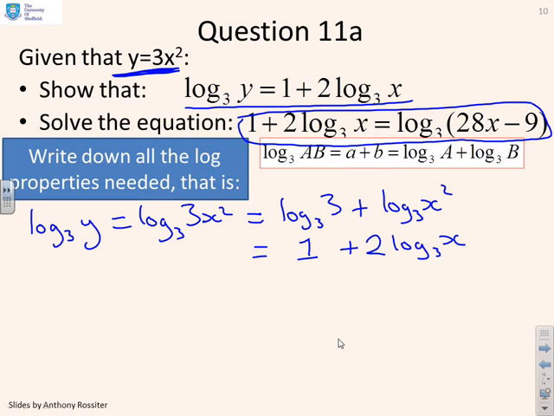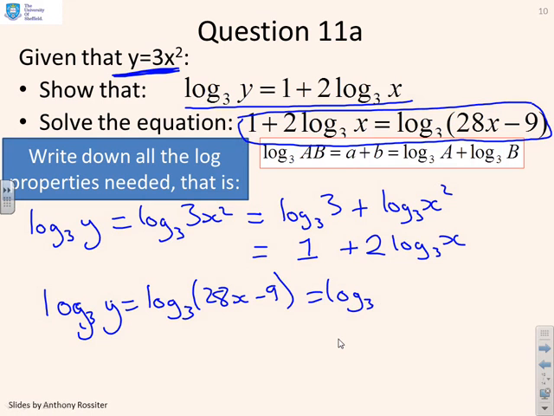And so what it's actually asking you to do is go back, and really, they don't always tell you this, it's saying solve log 3 of y equals log 3 of 28x minus 9, which equals log 3 of 3x squared. So there's a bit of subtlety in there. It might not be immediately obvious.